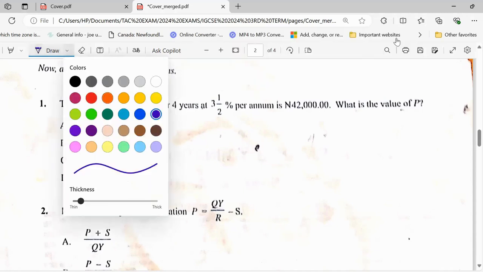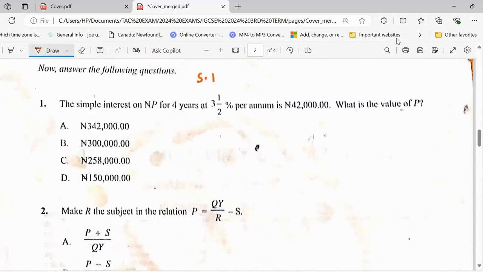Let's see. So remember here that simple interest is given as principal times time times rate all over 100. Now, this is the formula for finding simple interest.